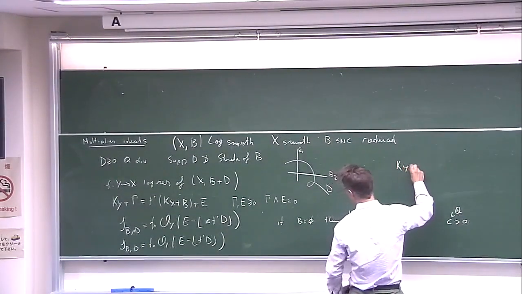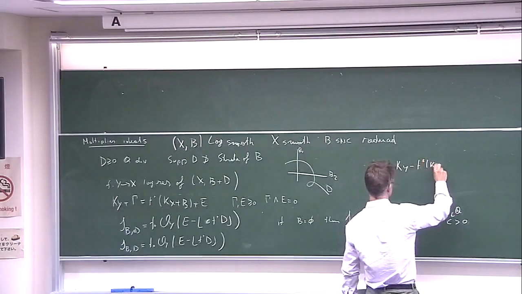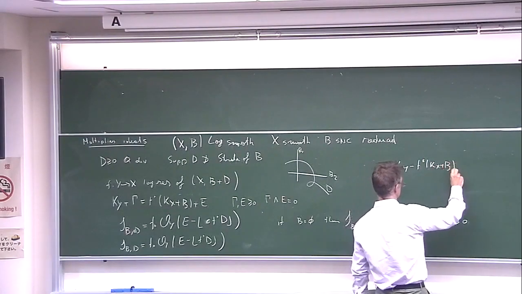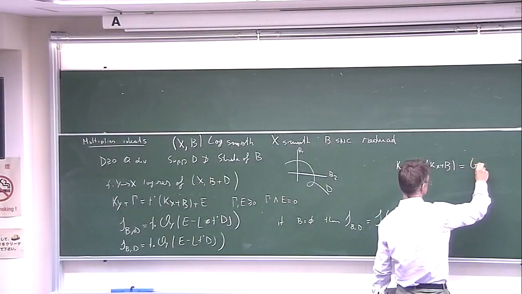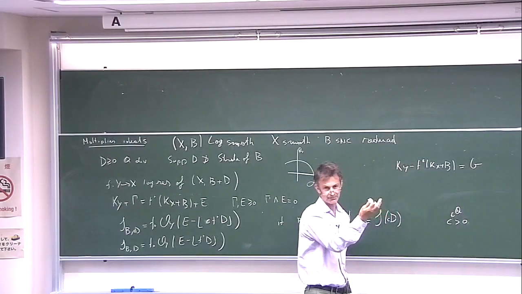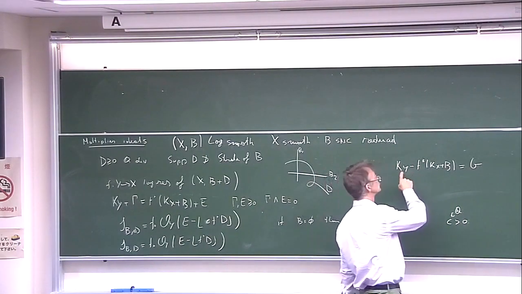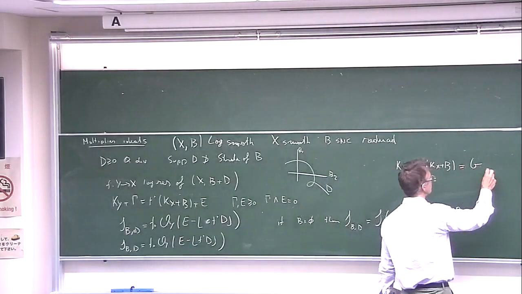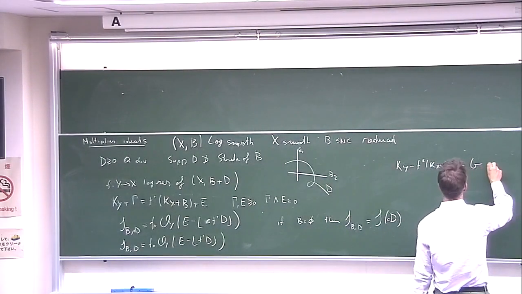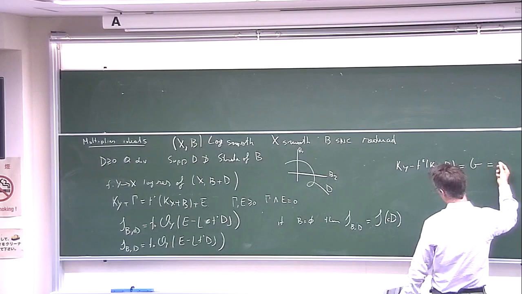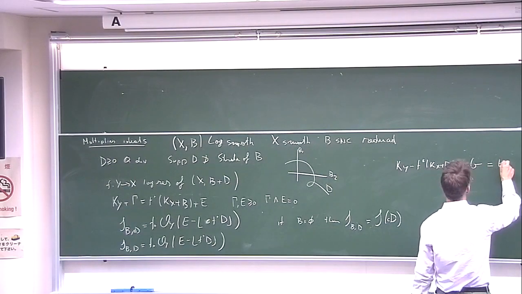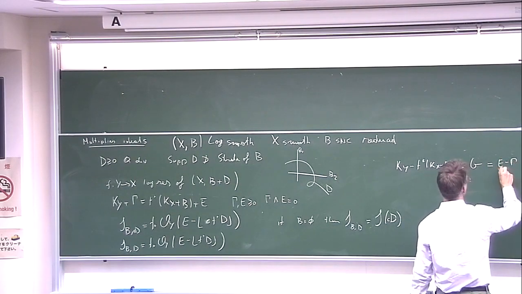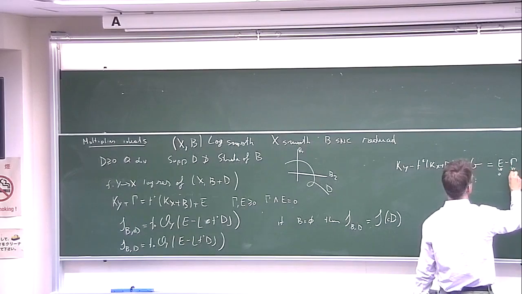I think you're worrying about nothing. Write K_Y minus the pullback of (K_X plus B) equals G. We can certainly do that, right? Well, you have to choose a K_Y whose push forward is K_X, but once that is done, you can do this. Certainly G can always be written as E minus gamma, where both are effective with no common components.